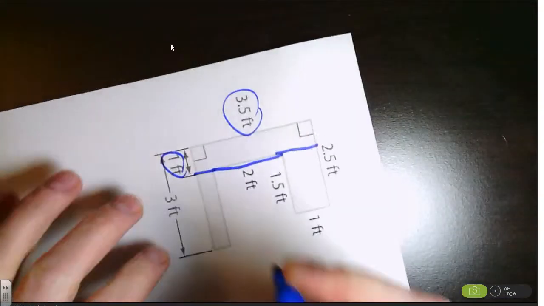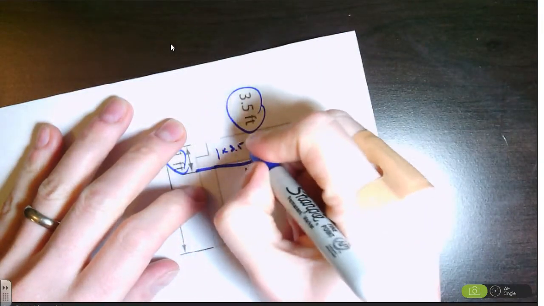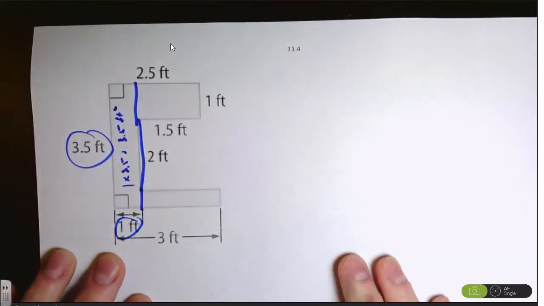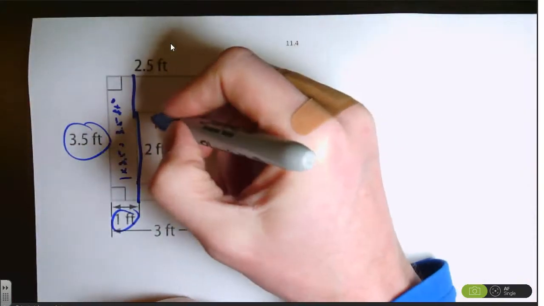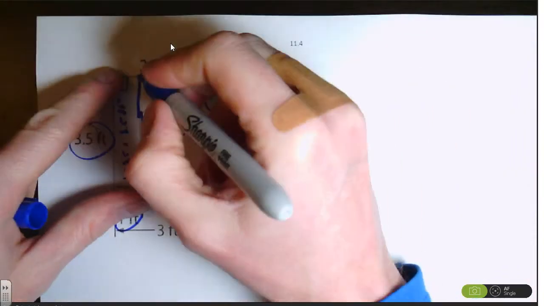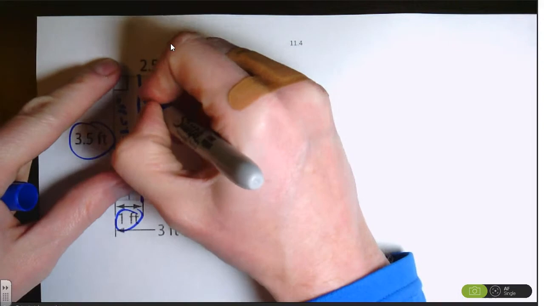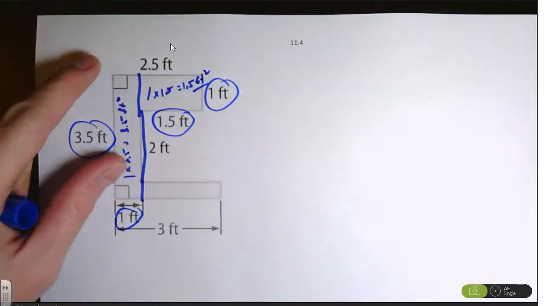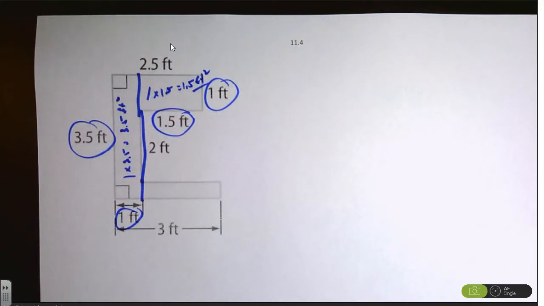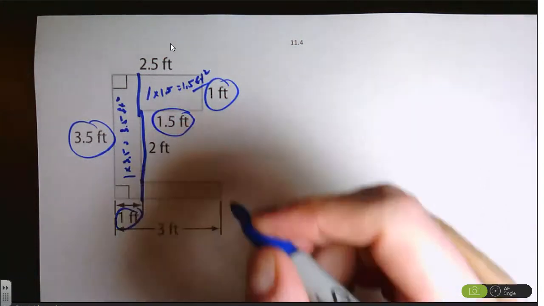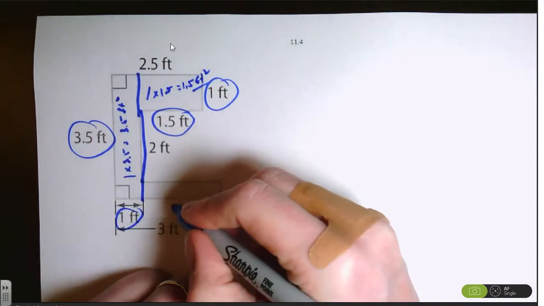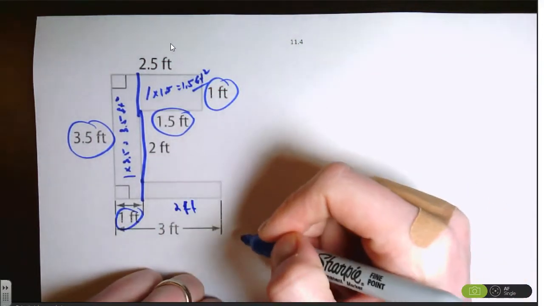So I'm going to turn it sideways. 1 by 3.5 is 3.5 square feet for that one. This one is also 1.5 by 1, obviously not to scale, so 1.5 square feet. And this one here is 3 feet all the way, 1 foot here, so it's 2 feet for that.